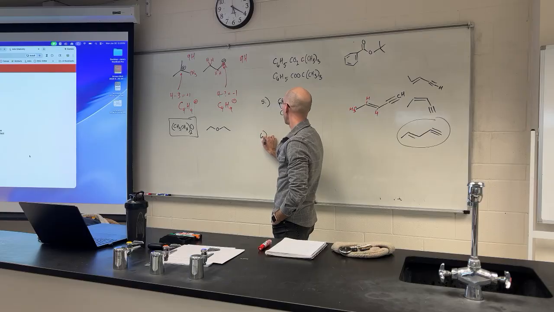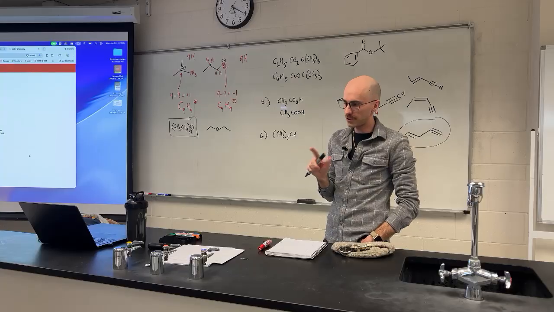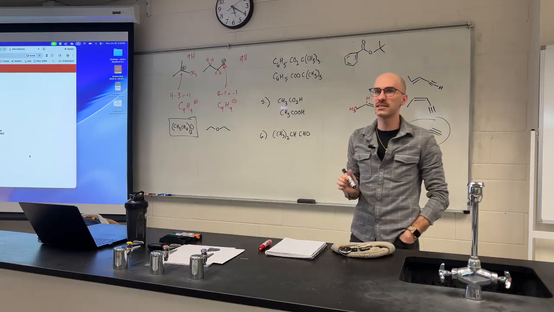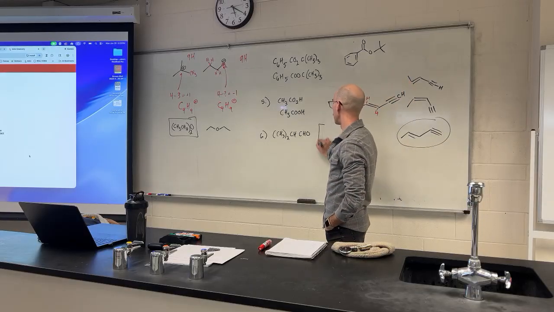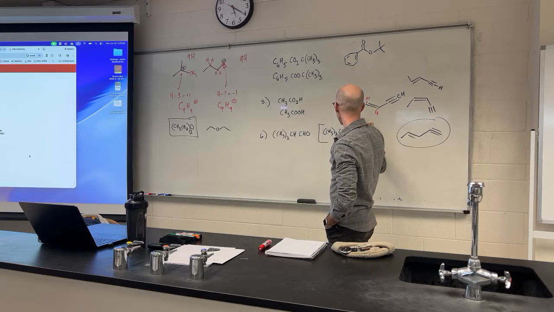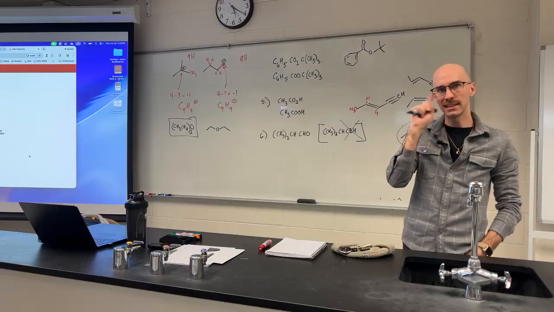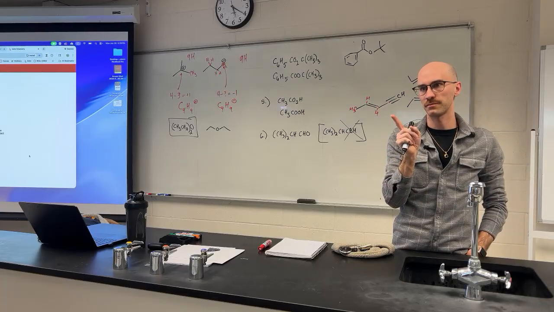Number 6 can be abbreviated as 2 CH2 groups connected to a CH group connected to a CHO. And this is the one that I would remind you not to put as COH, because it will mislead your thinking about what is being bonded there.